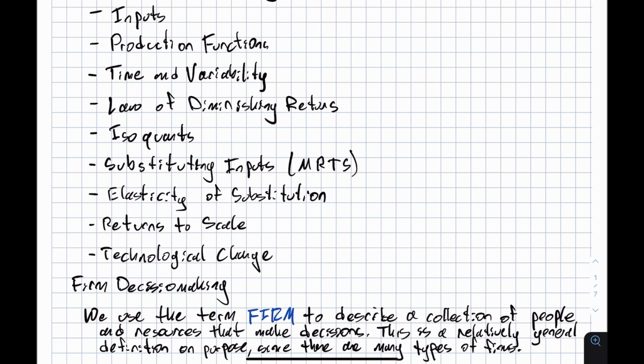We'll talk about the marginal rate of technical substitution, which is essentially how we talk about the slope of the isoquant. And this is analogous to the marginal rate of substitution for the consumer.